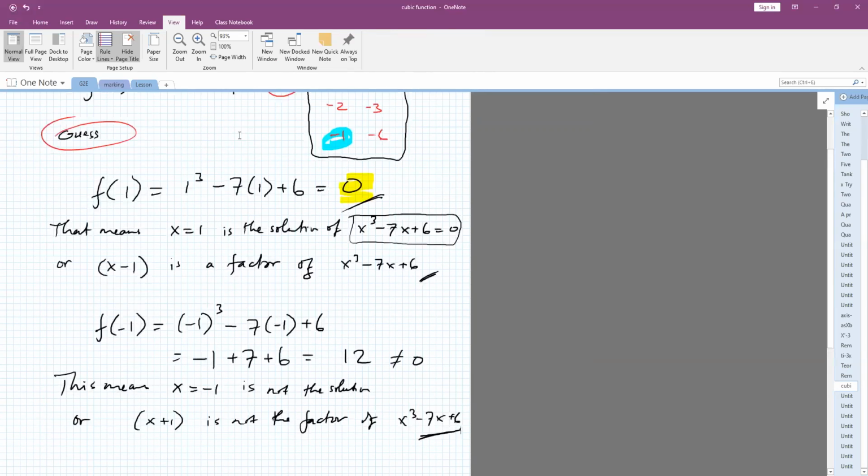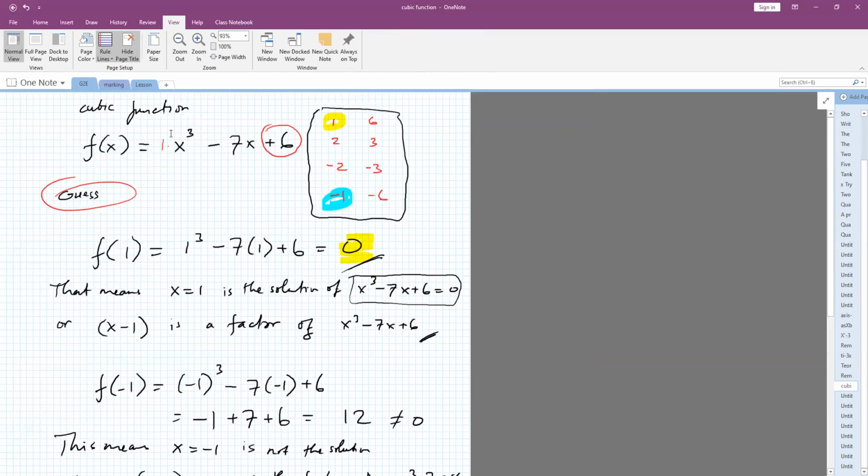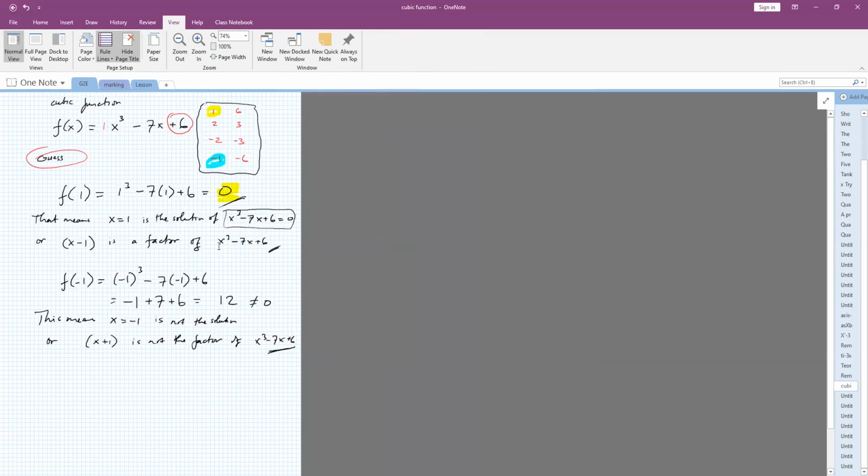Now, we need to find some other factors too, because if you have a cubic function like this one, normally you would expect to have 3 solutions. Remember when we had the quadratic function, we expected 2 solutions. Now we expect 3 solutions.